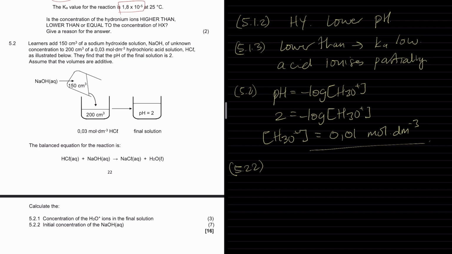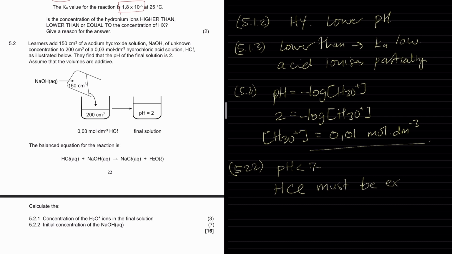Okay, so the first thing I'm going to do here is make some deductions. The pH is 2, which means the pH is less than 7, which means that HCl, which is the acid, must have been in excess.